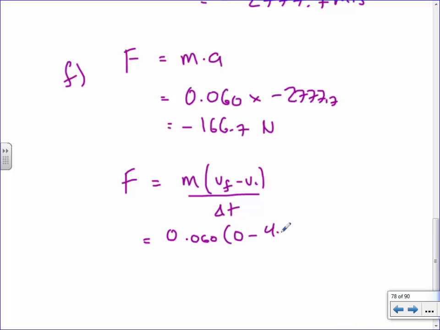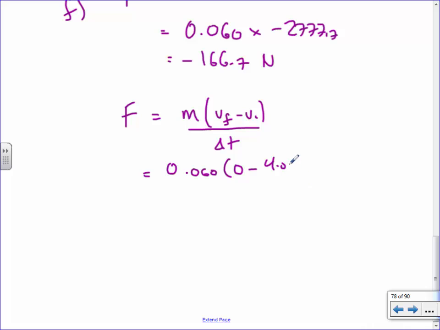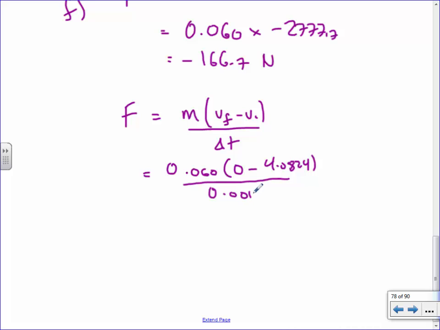Velocity initial was that 4.0824. And then the time was 0.00147. I got the same thing. They have options.